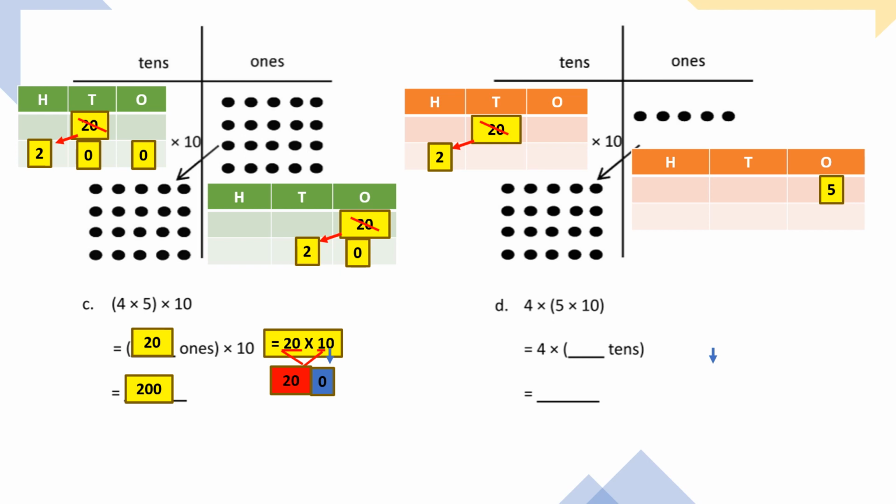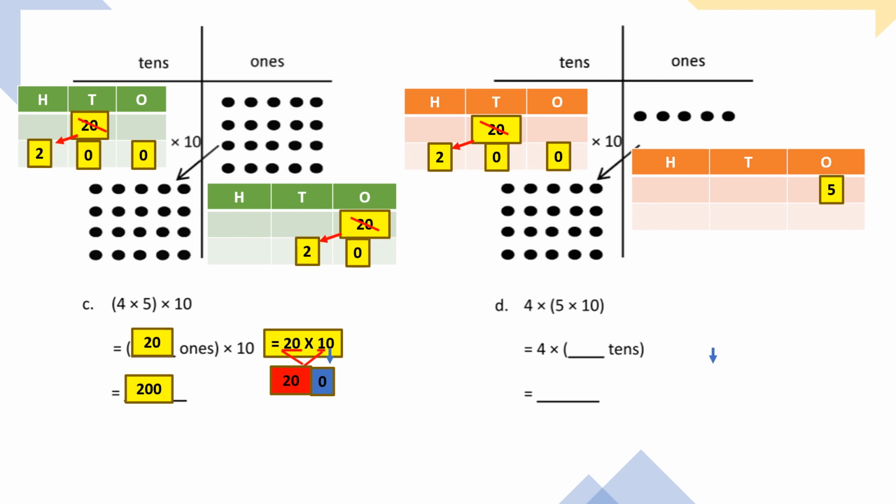Since I bundled all of my tens, I don't have any more tens, so I'm going to write a 0 in my tens place. And on this side, I don't have any ones, so I'm going to write a 0 in my ones place. So that means that 20 tens is the same as 200. It's another way to say 200.